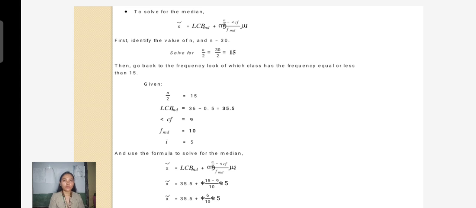First, identify the value of n, and n is equal to 30. That is our total frequency. N or F here is the same. So, n over 2 is 30 over 2, which is equal to 15.